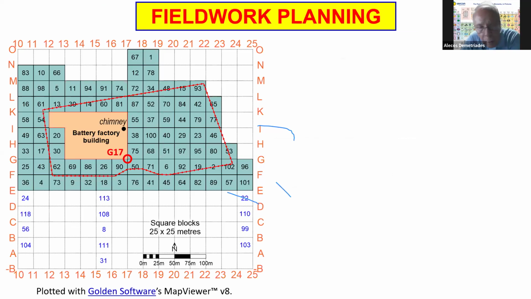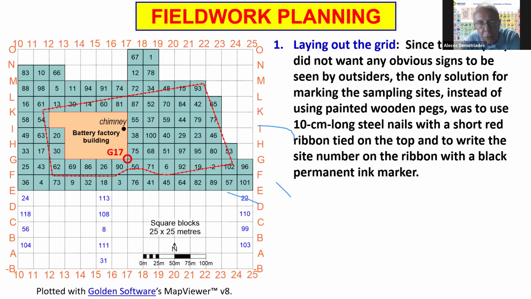And of course, we had to lay out the grid. They did not want everything to be seen from the outside. Usually we use wooden pegs and we paint them on top red and we write the name.